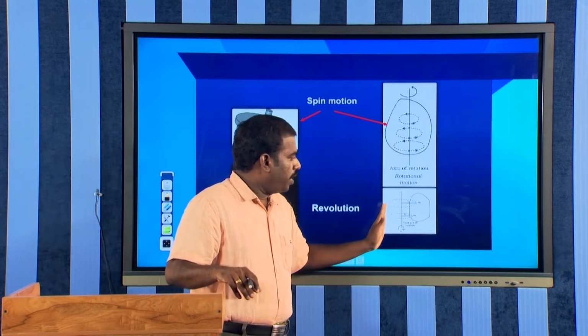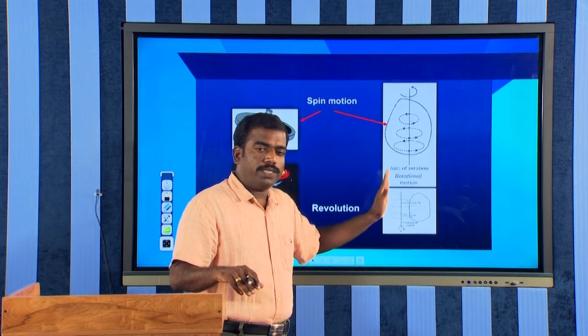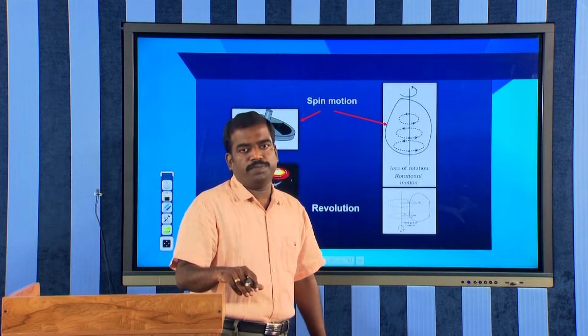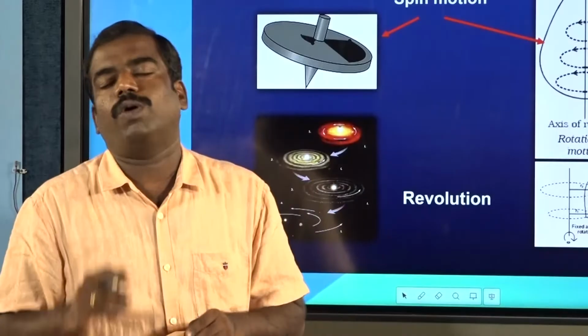Here you can see the body is executing circular motion about an axis which lies outside the body. So if the axis of rotation lies outside the body, we will call that motion revolution. You know the rotation of the earth and the revolution of the earth around the sun. In the revolutionary motion, the earth is revolving around the sun. In the rotational motion, the earth rotates about its own axis.